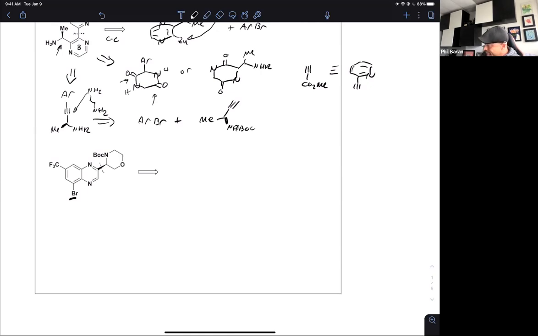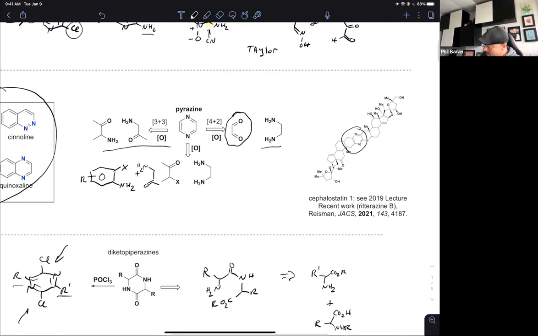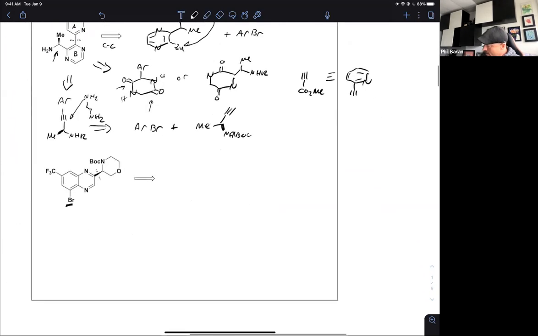And it kind of goes back to, again, the simple map we have above. The simple map above teaches you the way you would make this pyrazine. And so thinking about this pyrazine, all we have to do is go back to a compound like this.